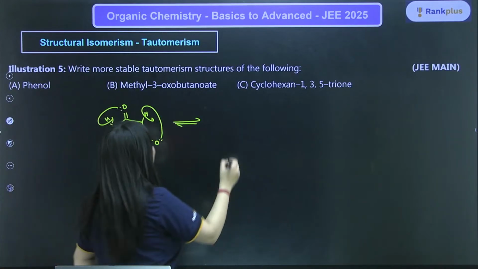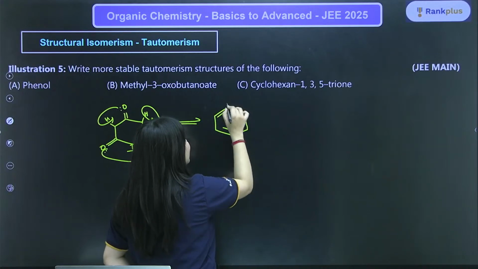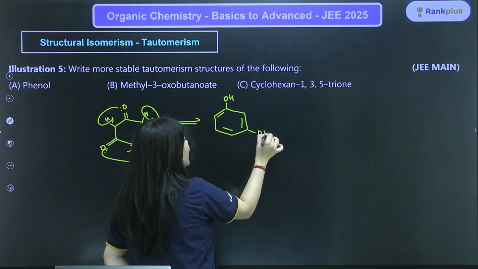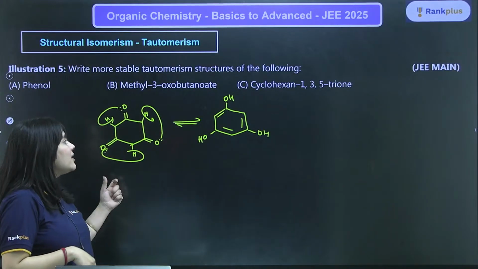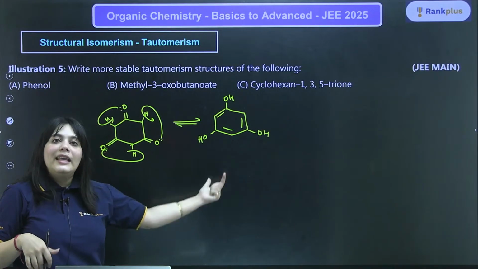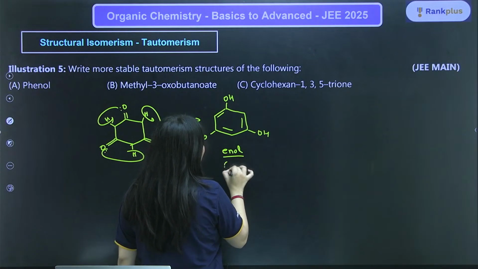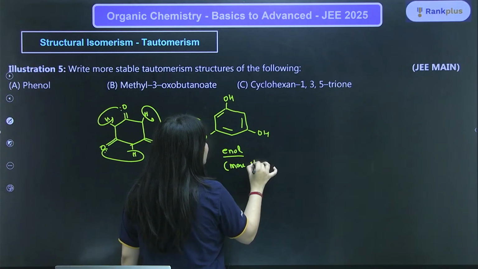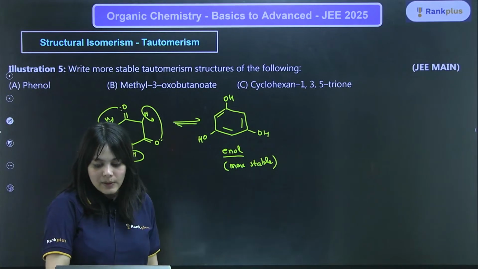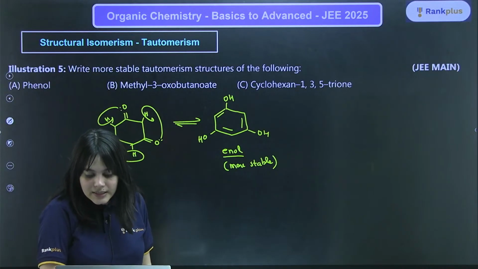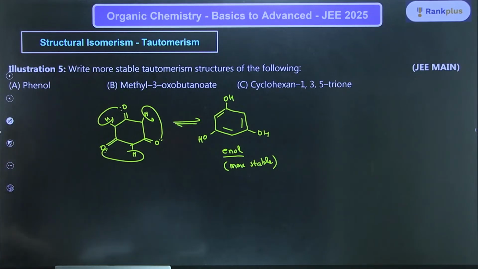And what will happen then? A structure something like this would be formed: OH, OH and OH. Can you see what is happening? When I form the enol form of this, it is once again aromatic. So the enol form will be the more stable form. Is this thing clear? Clear? Yes? Okay?